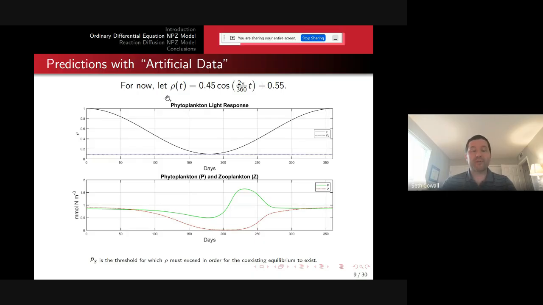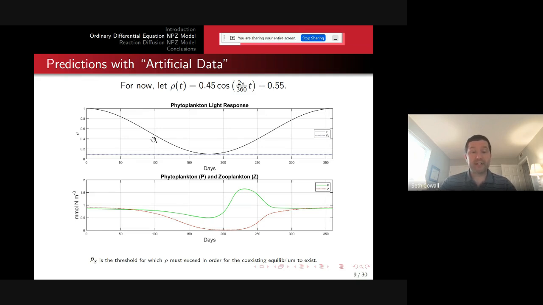But here, just for demonstration purposes with the ODEs, we'll set rho to be equal to a sinusoidal function with a period of 360 days. I chose 360 just to make the mental arithmetic nice and easy. I know a year is actually 365 days, but we'll consider day 0 to be a summer solstice, day 180 to be the winter solstice, and day 360 to be the next summer solstice.